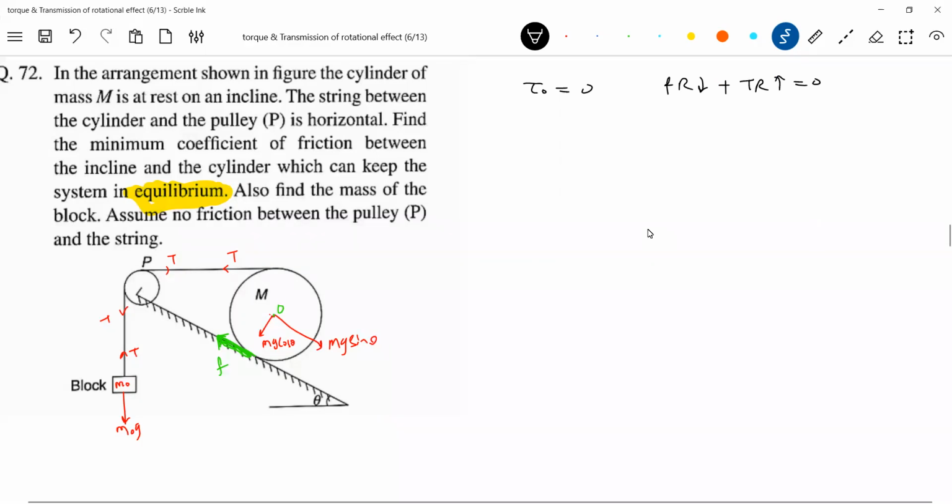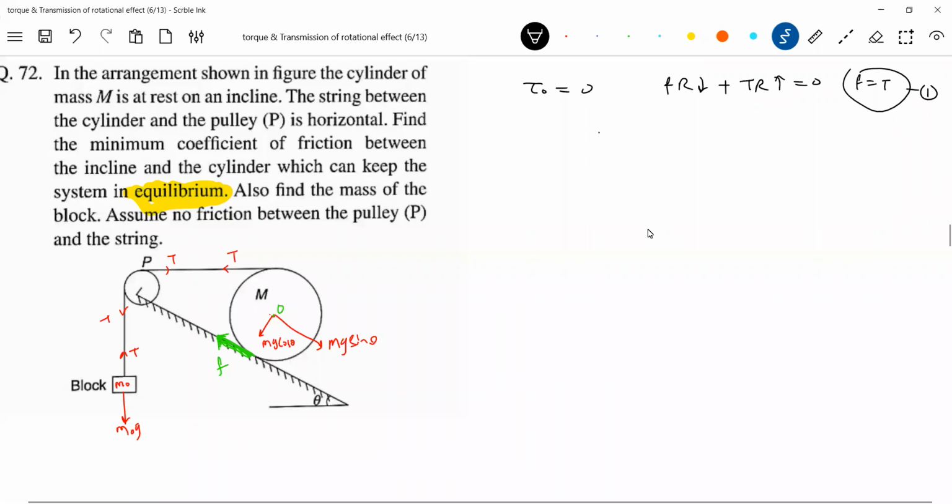So T into R will be this one. So this will be R. This is T. What is the angle? 90 degrees. So the very first equation I'm getting is F equal to T. Then tension T equal to m naught g.